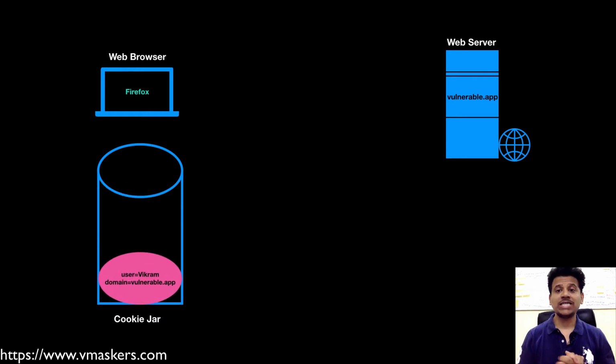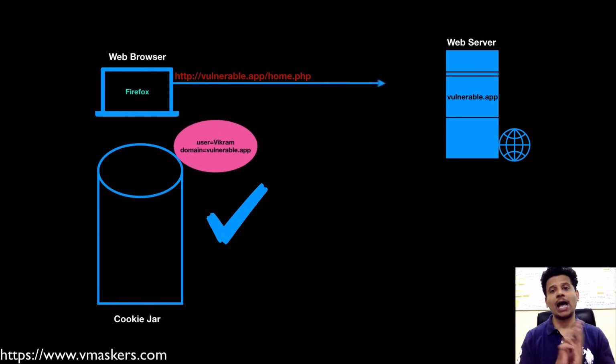Now you want to send a second request, vulnerable.app/home.php. In the last request we visited index.php, now we are visiting home.php. When you type vulnerable.app/home.php and press enter, the browser will also send the cookie with the request. Why? Because the domain value is vulnerable.app and you are also visiting vulnerable.app.